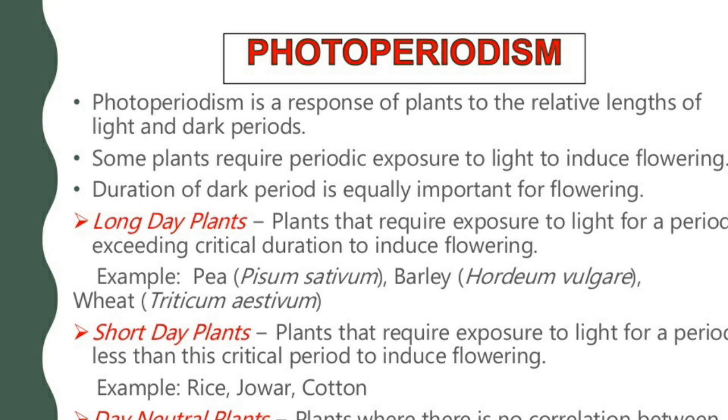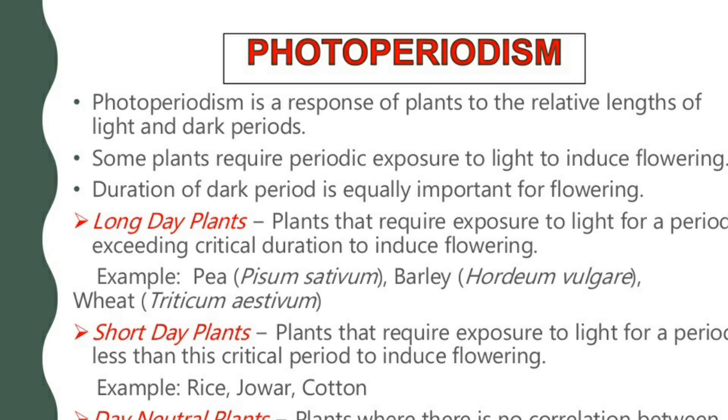Photoperiodism is a response of plants to the relative lengths of light and dark periods. Some plants require a periodic exposure to light to induce flowering. Duration of the dark period is equally important for flowering. Long day plants: plants that require exposure to light for a period exceeding a critical duration to induce flowering.